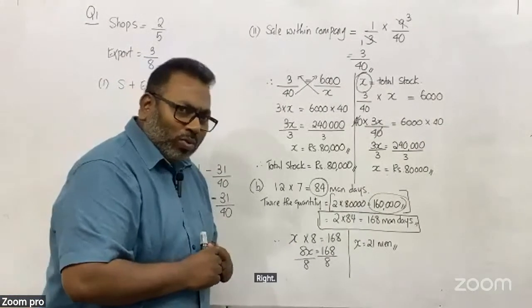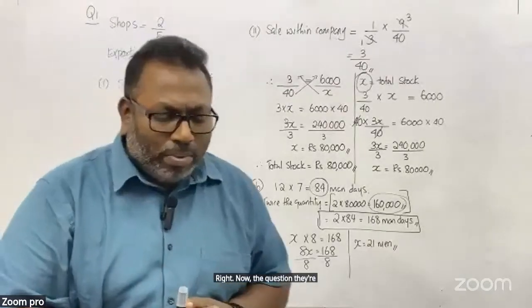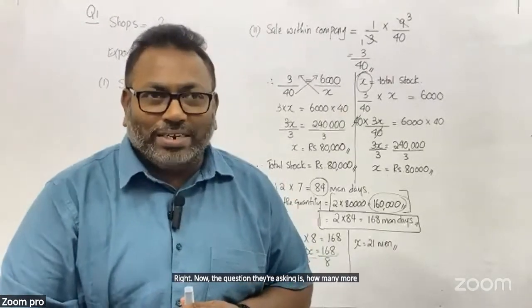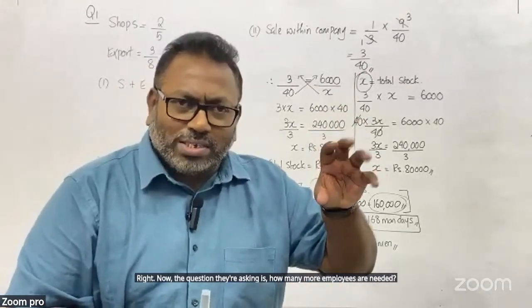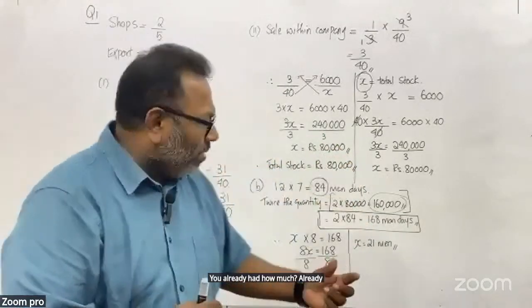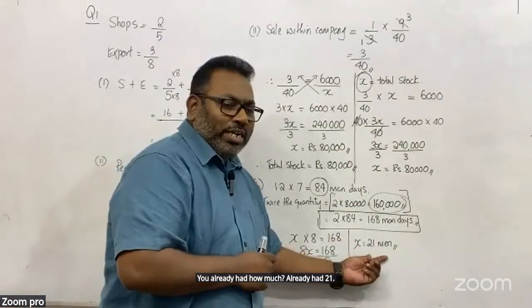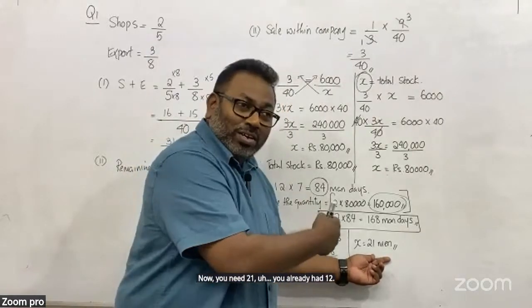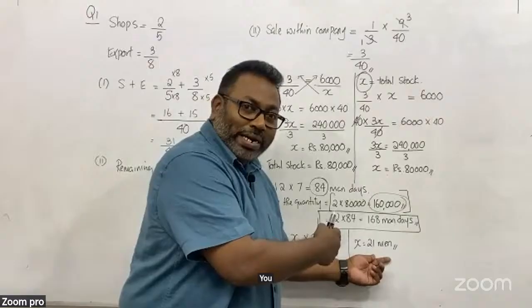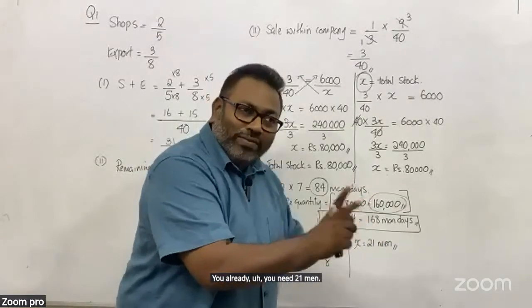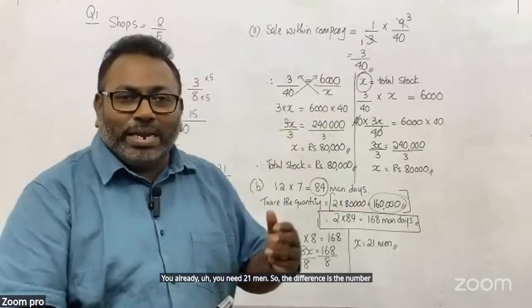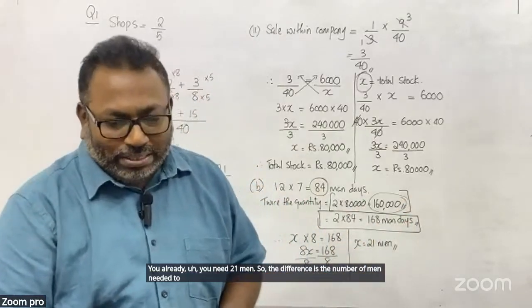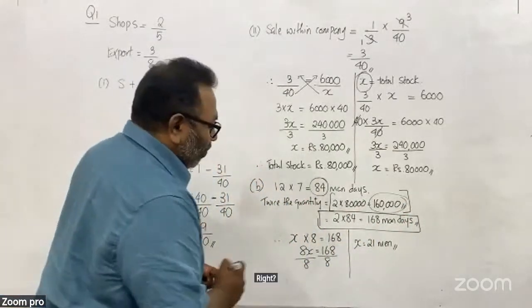Now, the question they're asking is, how many more employees are needed? You already had how much? Already had 12. You need 21 men. So the difference is the number of men needed to complete this work, right? So what do you say here?